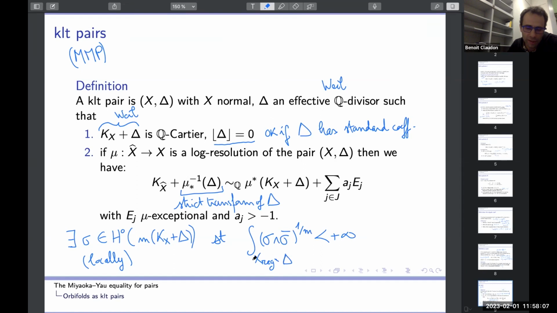Here X is not the whole of X, but the small open set on which sigma is defined, if you prefer. So you can write it like U.